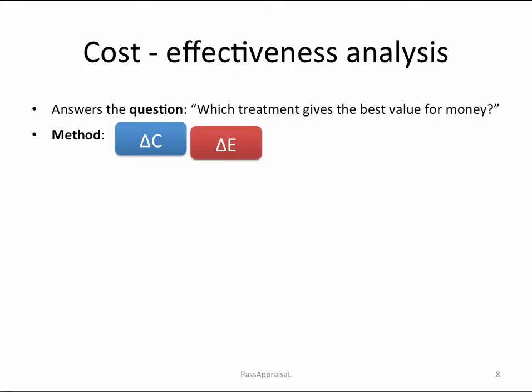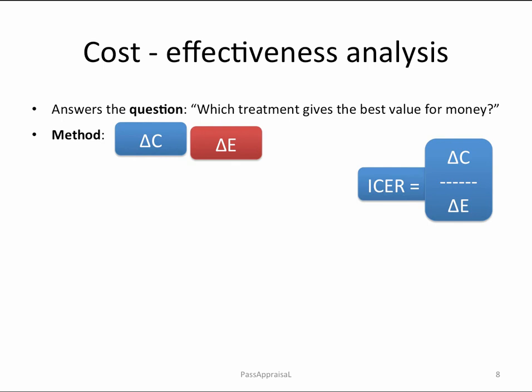The second step is to estimate the difference in effectiveness, delta E, in terms of a predefined outcome measure. This can be any natural clinical unit, for example, a number of relapses, number of days hospitalized, or a clinical scale score, for example, Hamilton Depression Score or Beck's Depression Inventory Score. The difference in effectiveness is indicated by delta E.